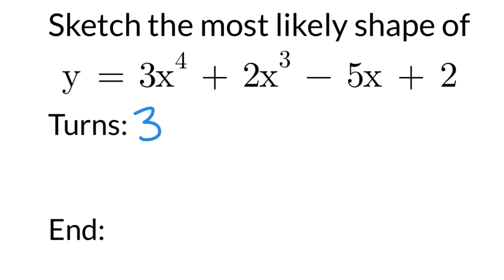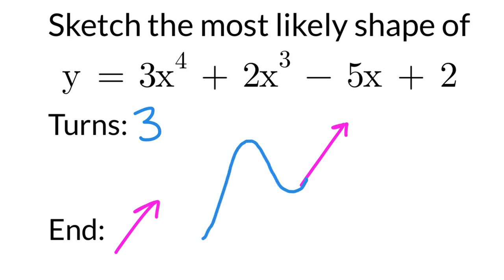And since we have a positive leading coefficient, it's going to go up on the end. So we put these 2 pieces of information together and we make it go up on the right side and then make it turn 3 times. There's 1 turn, 2 turns, 3 turns. This is going to be our general shape, our most likely shape of this polynomial.